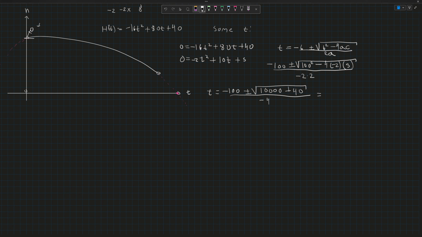And of course you could use a calculator to find the square root of this. You can technically approximate it. I like using calculators. It's way faster. So let's see what the square root of this is. Ironically, this whole thing comes out to be approximately 1.20.